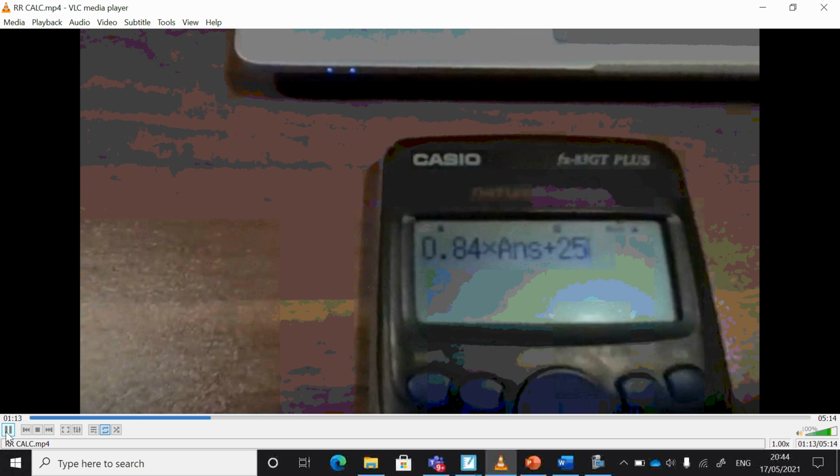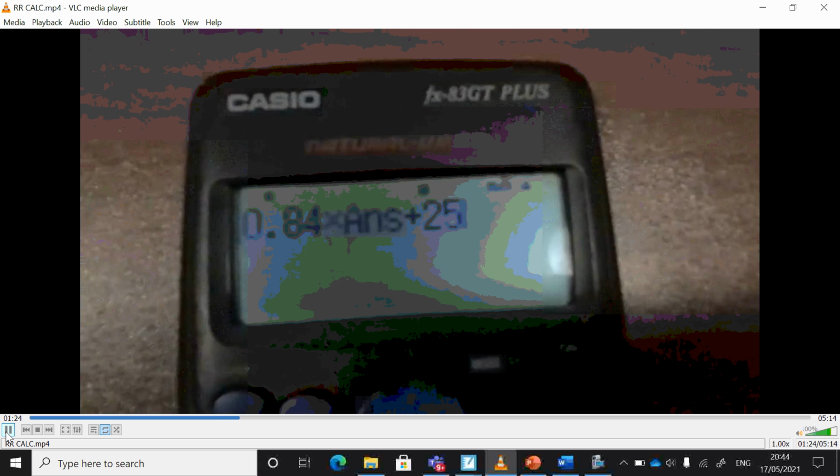So I had 50 to start with. Because 0.84 times 50 is 42, plus 25 is 67. So hopefully when I hit equals, it will give me 67. So that will be at the end of day 1.